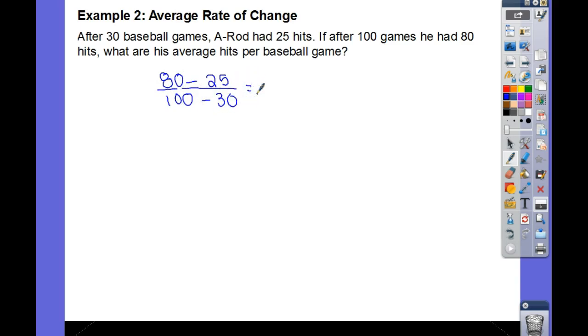So again, the 80 included that 25, so we have to take it away. So you had 55 hits. The 100 included the 30, so we take it away. So you have 70 games.